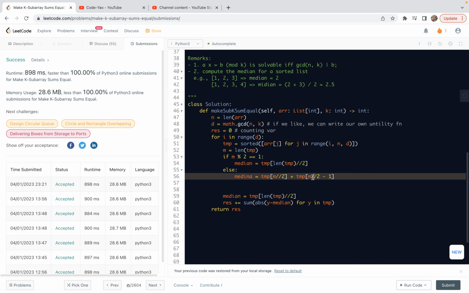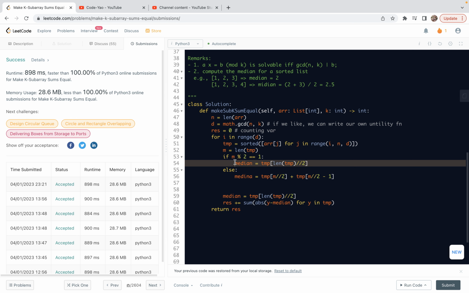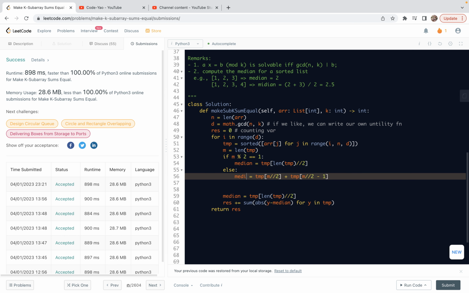For example, if m just contains one element, right? In this case, because if m equals 1, we also have this if, right? So this actually covered it, so we can do this. So median, and then we can do division by 2. We can do integer division, right?